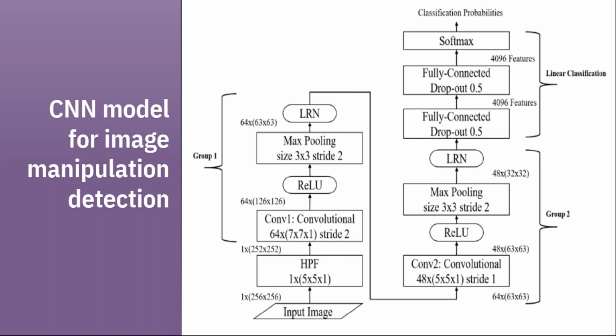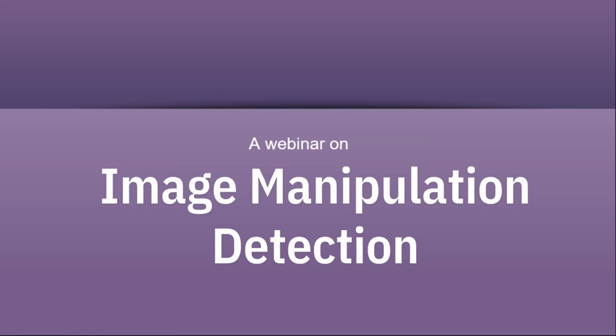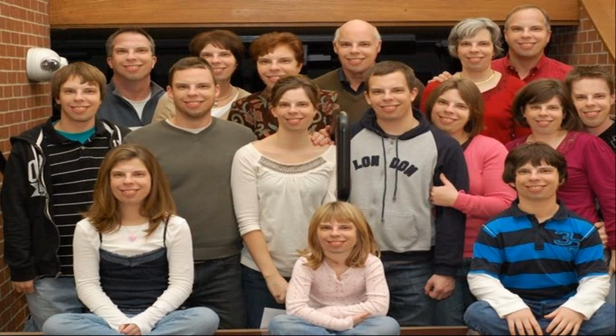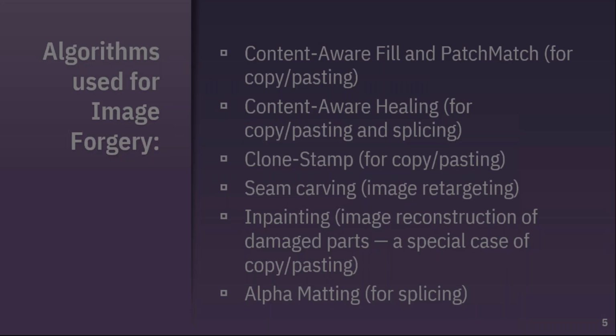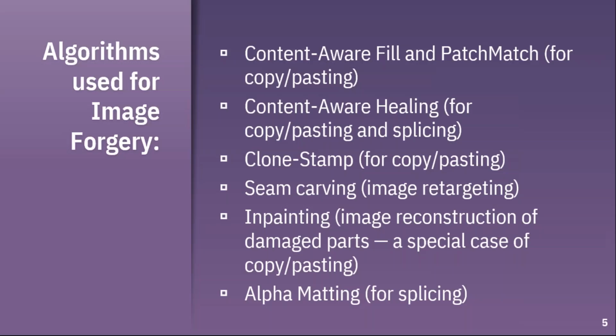Okay, just as a summary, we know many images are being tampered. The tampering can be anything: copy pasting, resizing, replacing faces, changing the background, or changing the foreground. There are many techniques available within Photoshop to manipulate images.